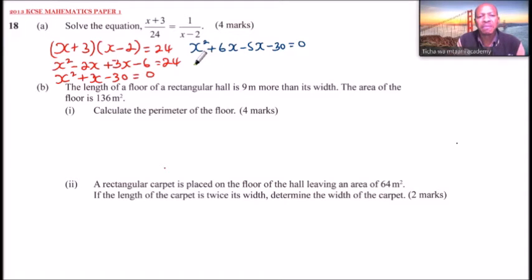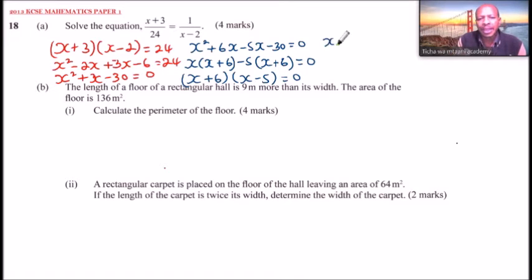So this will give you the factors. x into bracket x plus 6. Here you factor out minus 5, you get x plus 6, because when you open the bracket, you still get the same. So you factor out x plus 6, and you'll be left with x minus 5 is equal to 0.